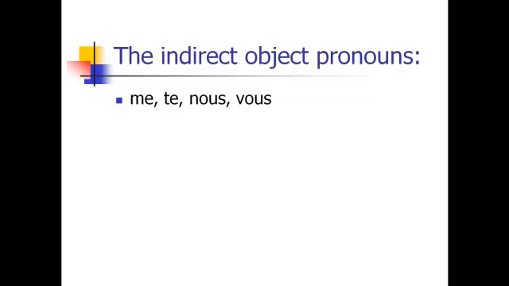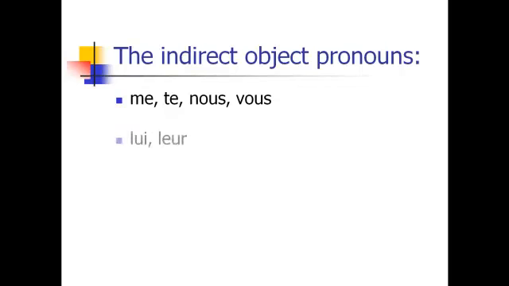But when they are indirect object pronouns, they're translated slightly differently. As indirect object pronouns, me means to me, te means to you, nous means to us, and vous means to you all. Notice again the word to is in that translation for each of those.